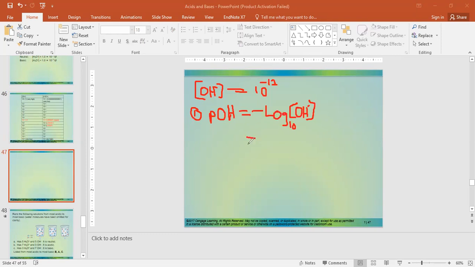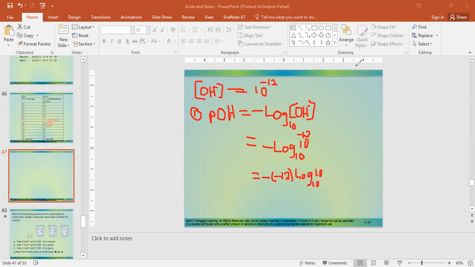Then this is equal to negative logarithm to base 10 of 10 to the power negative 12. So we take this negative 12 and make it a coefficient here. Then we get this is equal to negative into negative 12. Then logarithm of 10 to base 10.